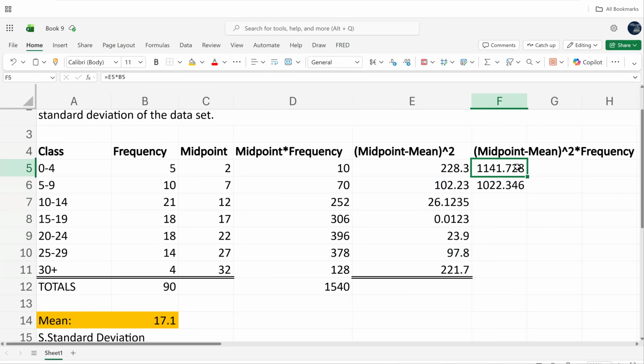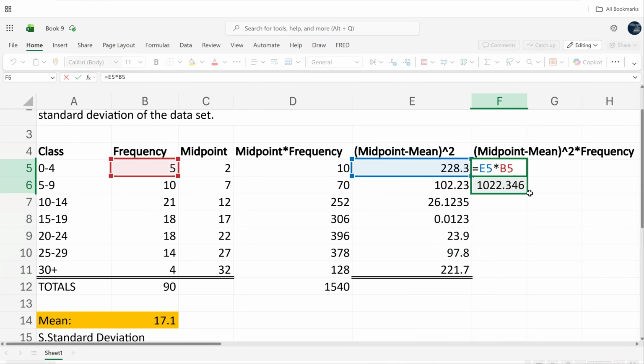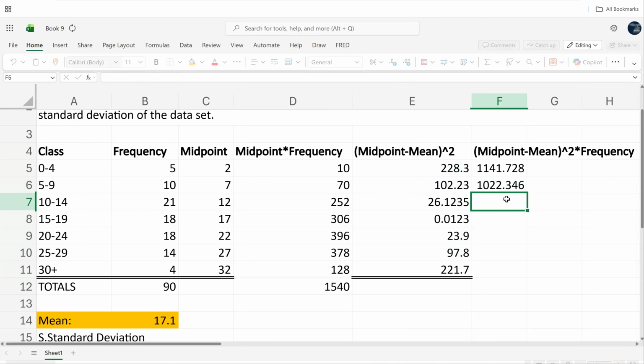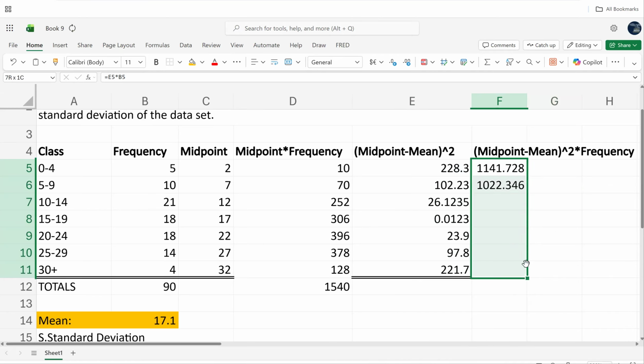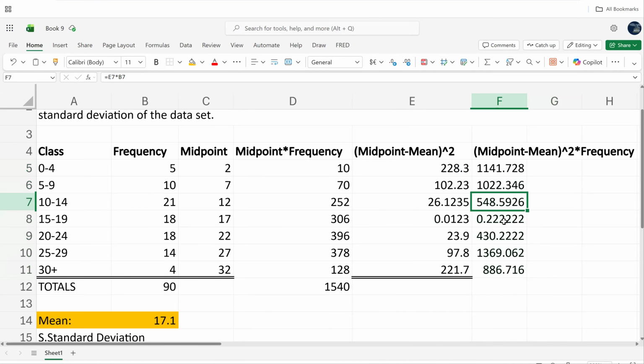Let's see if Excel picks up the pattern, because I'm in a lot of typing. I just don't want to do it. Oops, did I goof that up? E5 and B5, E6 times B6. You gonna work with me here? All right.